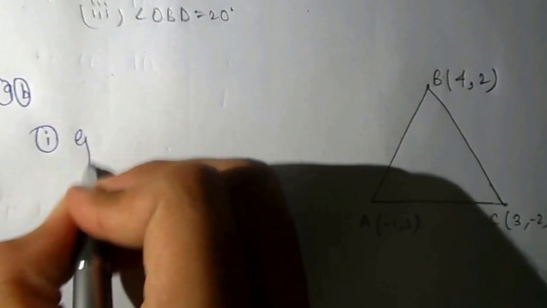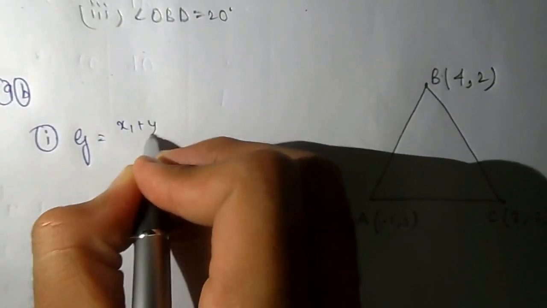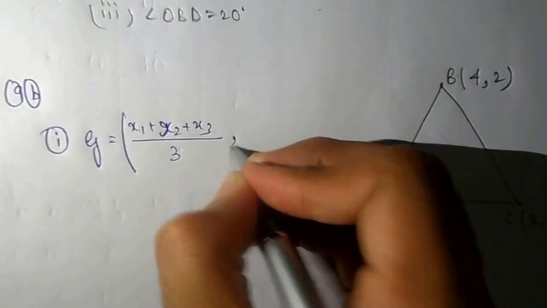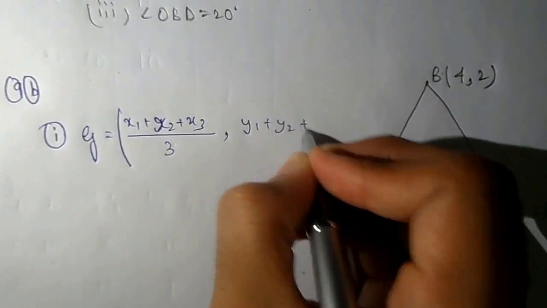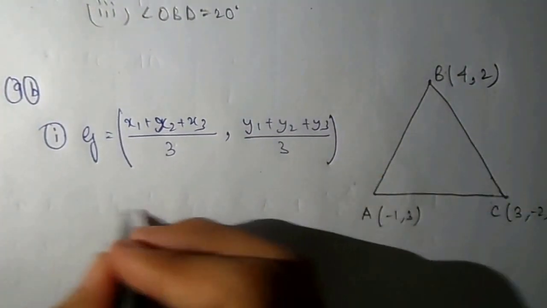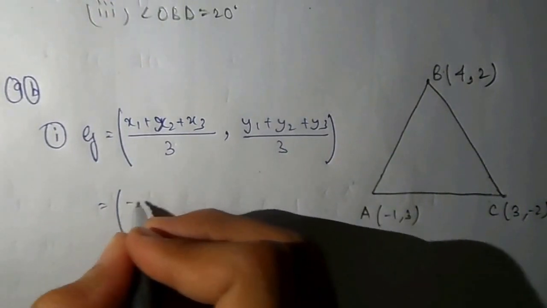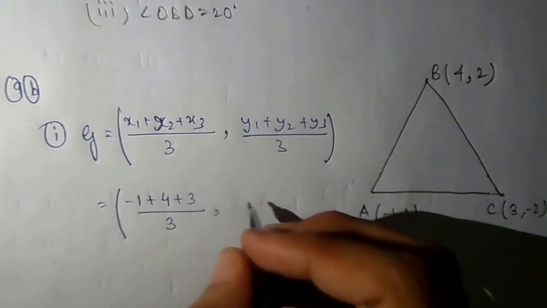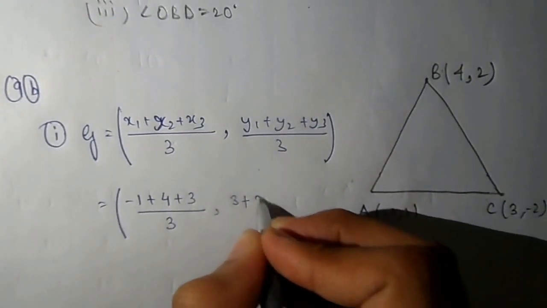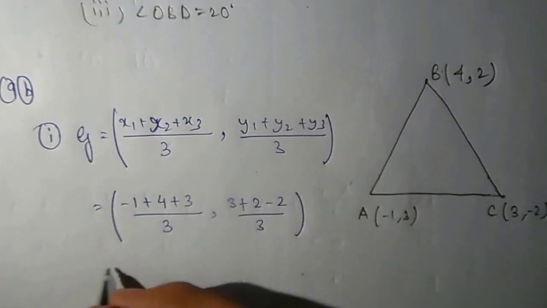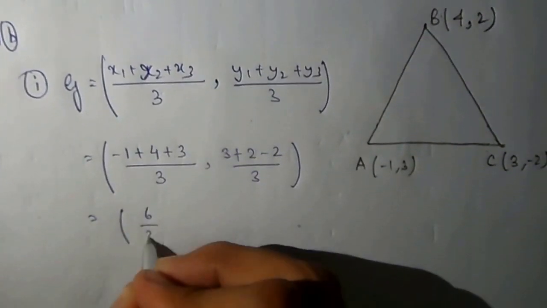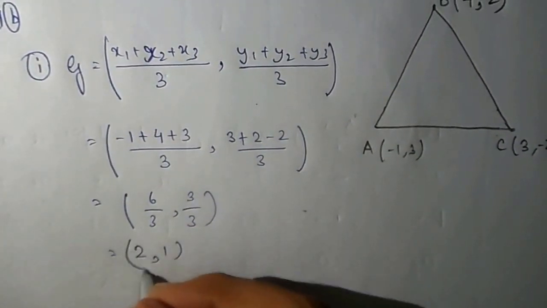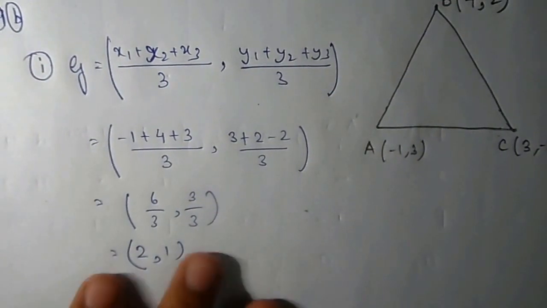G equals ((x1 + x2 + x3)/3, (y1 + y2 + y3)/3). So x is (-1 + 4 + 3)/3, and y is (3 + 2 - 2)/3. This equals 6/3 and 3/3, which is 2 and 1. So this is the coordinates of the centroid of the triangle.